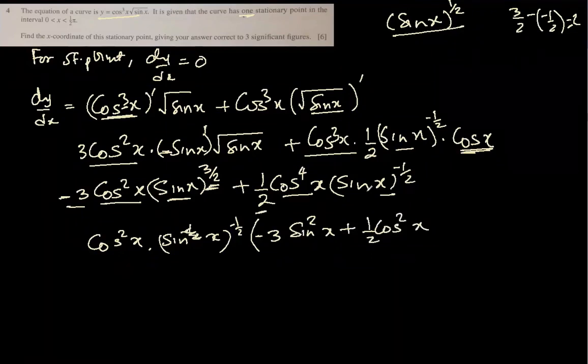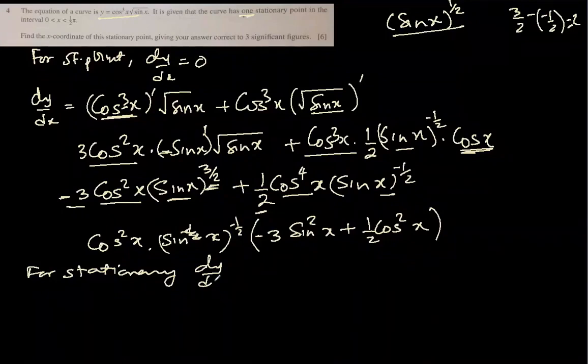Now, for stationary point, they're saying find the x coordinate of the stationary point, dy over dx is equal to 0, because at every stationary point the tangent is a horizontal line, the gradient of horizontal line is 0, that's why dy over dx is 0. So that means this whole thing is equal to 0.